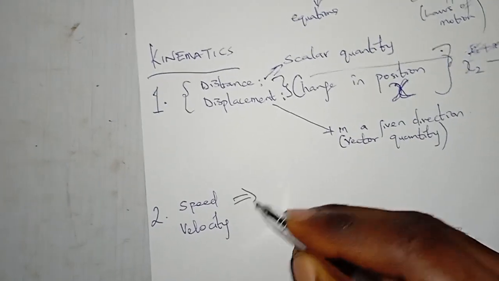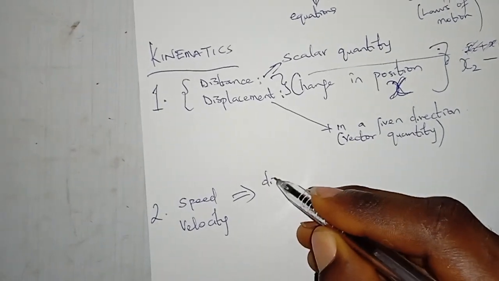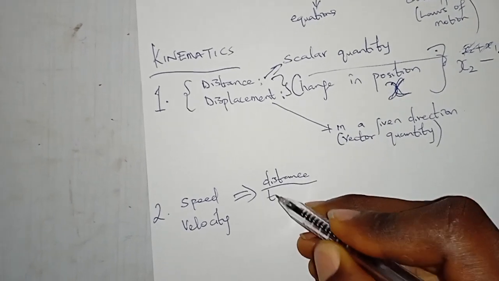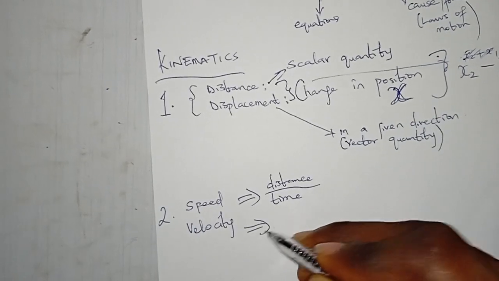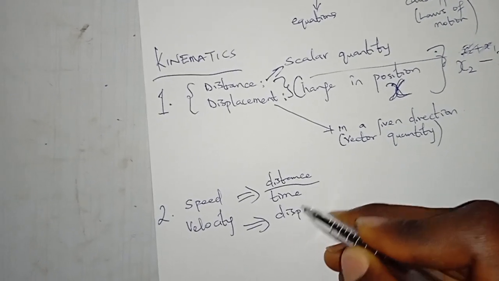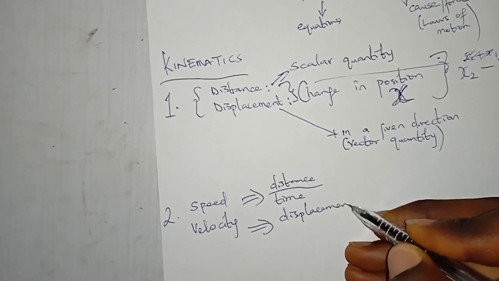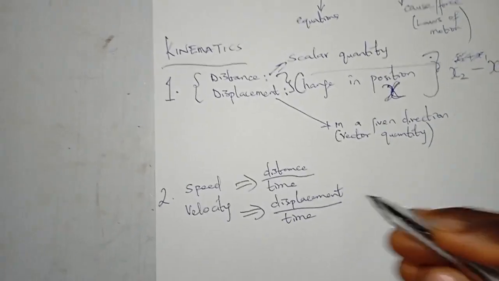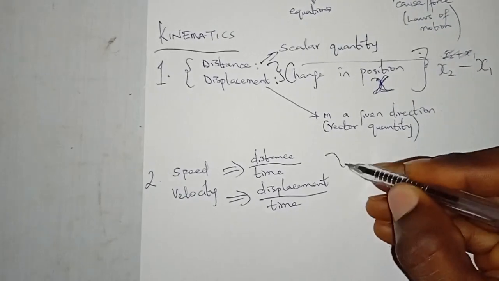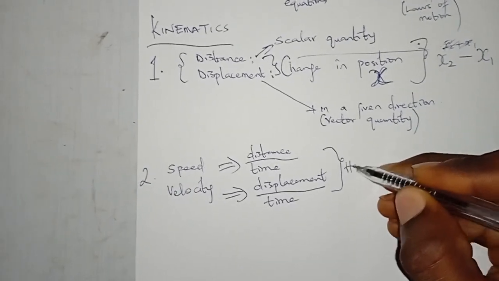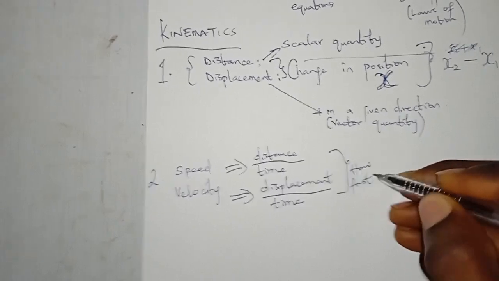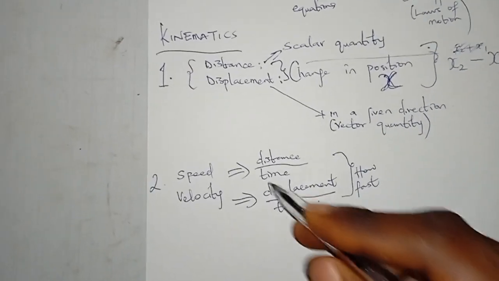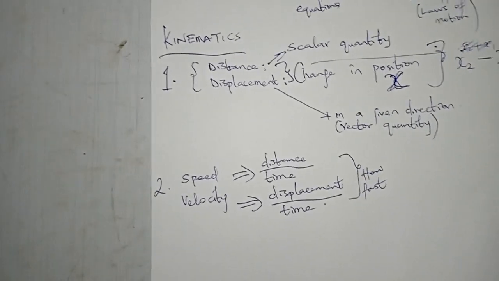It's just that speed talks about change in distance with respect to time, while velocity talks about change in displacement with respect to time. So you see they are the same. Whenever a question asks you how fast or whatever, it's talking about the two things. The only difference is that velocity talks about displacement over time, and speed talks about distance over time.